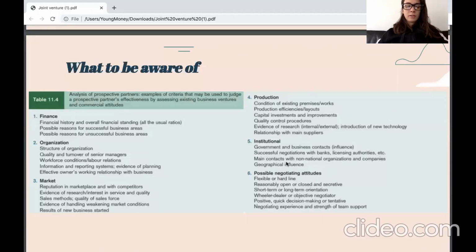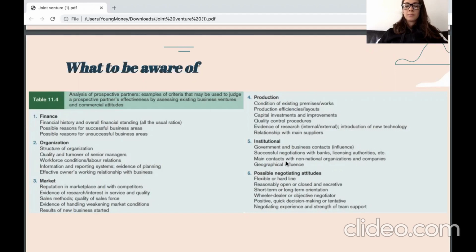The chosen partner should bring the desired complementary strength to the partnership. So what to be aware of? First, finance. For example, financial story and overall financial standing. Organization, like structure of organization, quality and turnover of senior managers. Market, like reputation in market and with competitors.